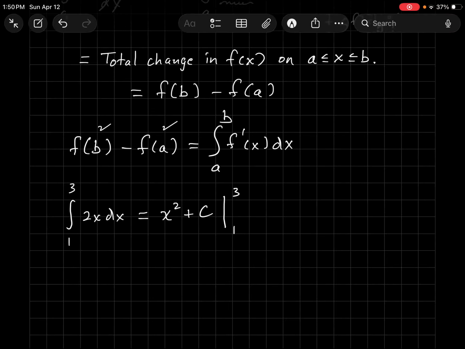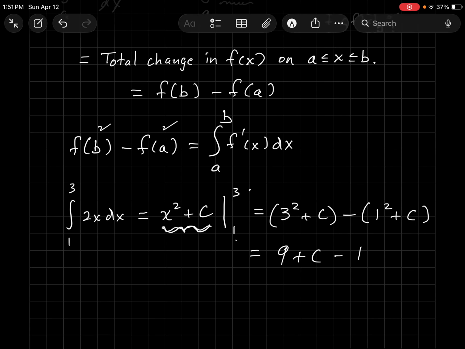This is notation that says we're going to integrate from 1 to 3, but I know that I should find the value of this function, my antiderivative, at the endpoint. So 3 squared plus c. And then subtract the value of my antiderivative at the start point, minus 1 squared plus c, which gives us 3 squared, or 9 plus c, minus 1 minus c.